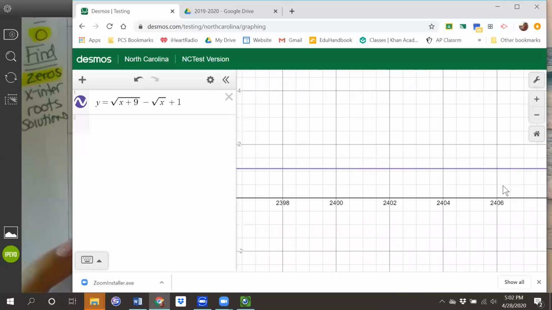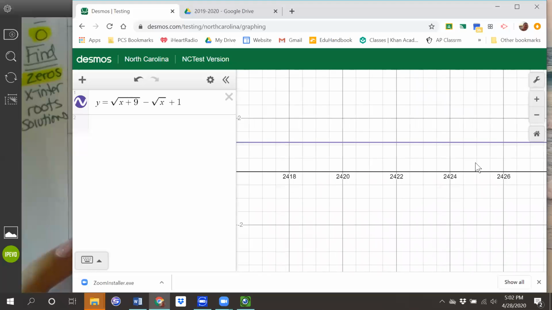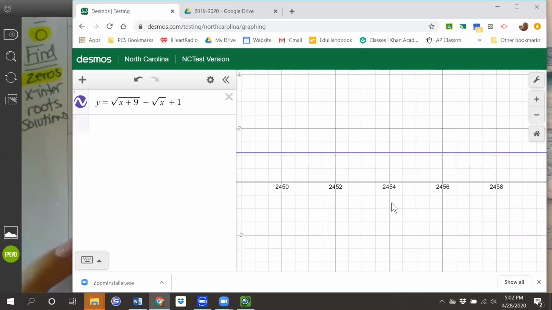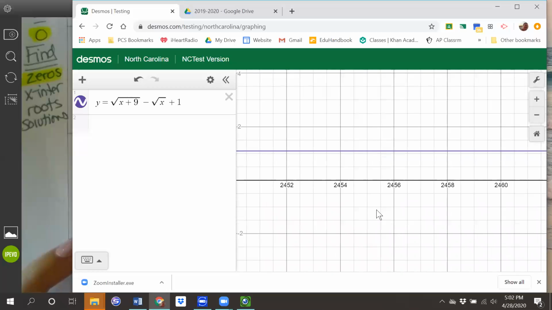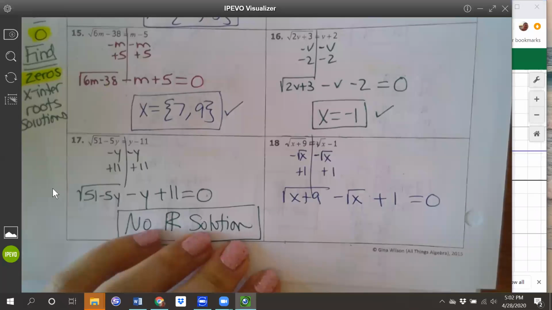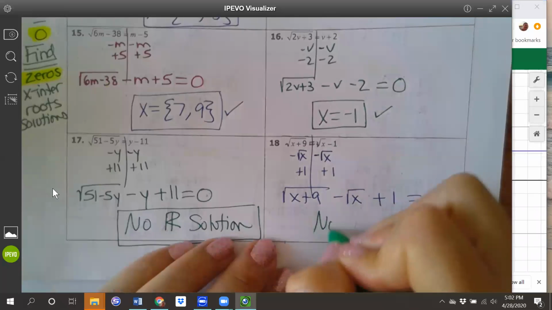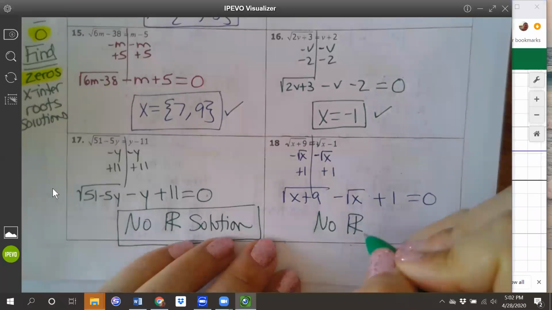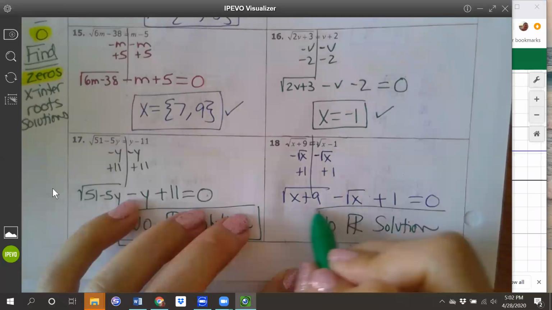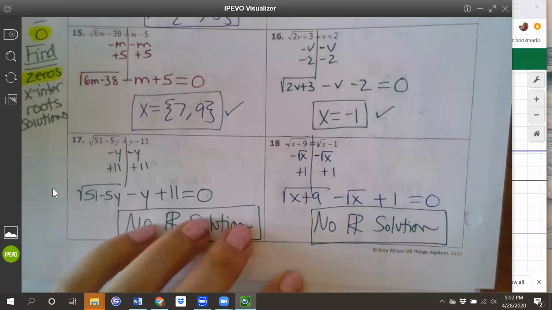I keep getting closer and closer to a y value of 2, but I'm not getting any lower than that. What does that mean? That means that I'm never going to touch the x-axis, which means that I'm never going to have a 0, which means that I have no real solution for this.